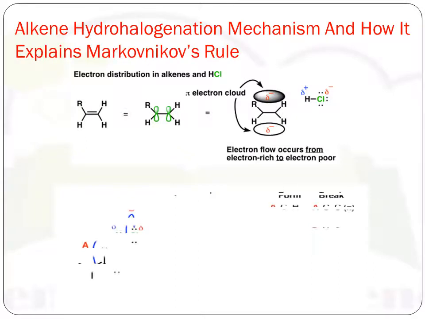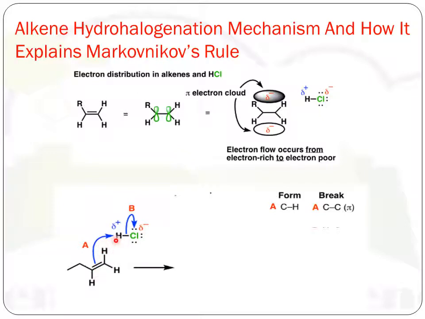Let's see the mechanism. This is the reactant, the alkene, which is unsymmetric, because if you look at the carbons directly bonded to the double bond, this carbon carries only one hydrogen and this carbon carries two hydrogens. This reagent is also unsymmetric, with a positive charge on hydrogen and a negative charge on chlorine. In the first step, the electron-rich species, the double bond, attacks the electron-poor species, the hydrogen H plus, and forms a new C-H bond.